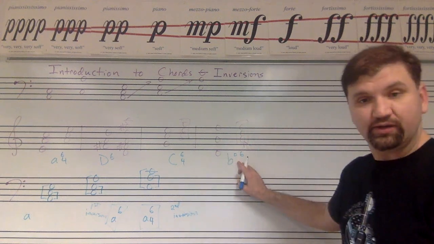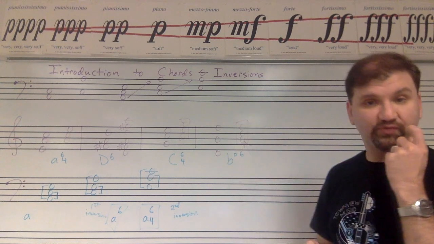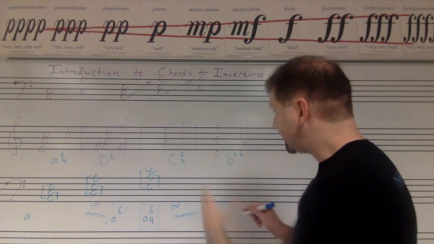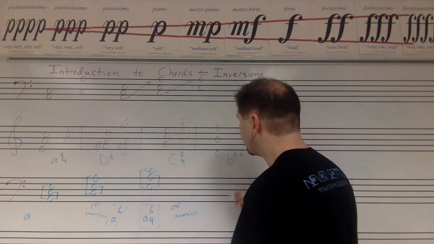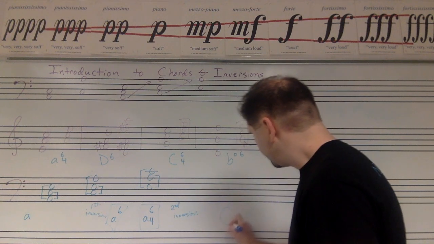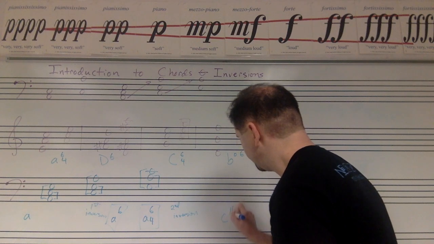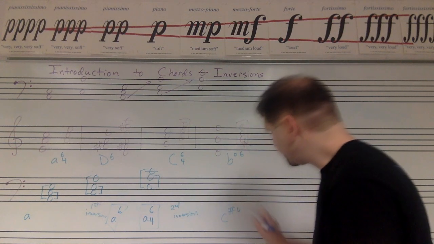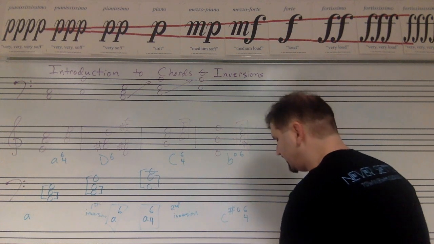What we saw over here with the diminished sign is that the diminished sign comes before the interval. So the whole order, let's say if this were built on B flat or C sharp, would be the letter, the sharp or flat symbol, the diminished or augmented symbol, and then the inversion number.